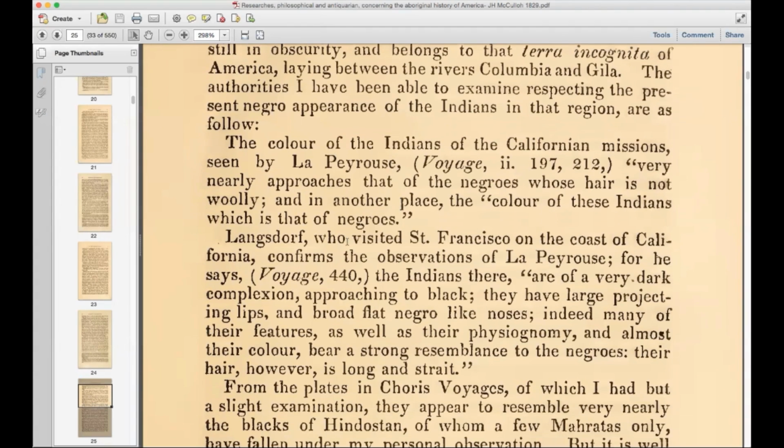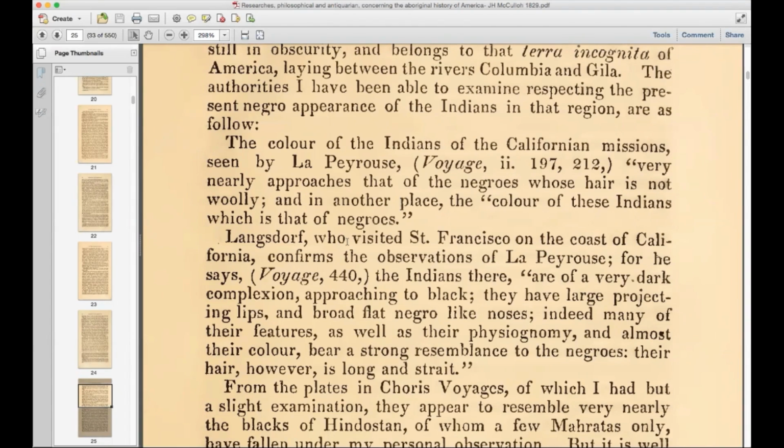The color of the Indians of the Californian missions, seen by La Perouse, Voyage, Volume 2, page 212, very nearly approaches that of the Negroes, whose hair is not woolly, and in another place the color of these Indians, which is that of Negroes.